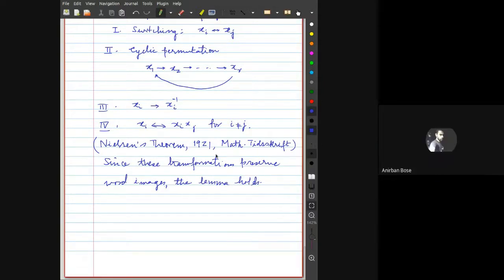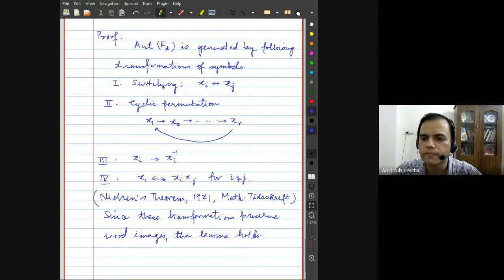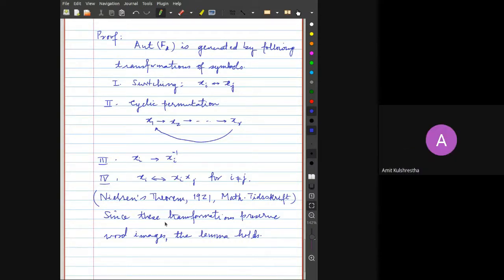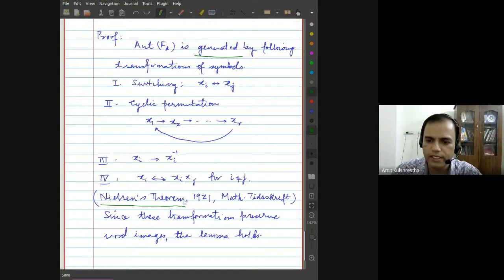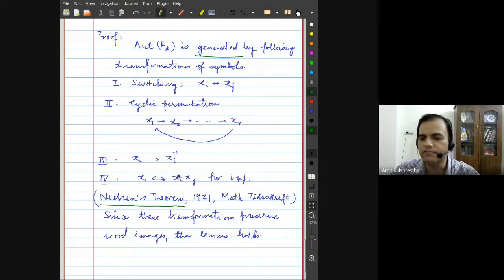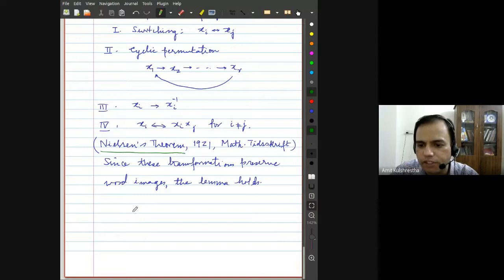Nielsen's theorem is this description of the automorphism group, yes, the generating set of the automorphisms of free groups. We can observe that in each of these cases, the word images are not going to suffer at all. So that is the first thing, and that gives us a motivation that perhaps we should focus on words of special type, words of specific type.